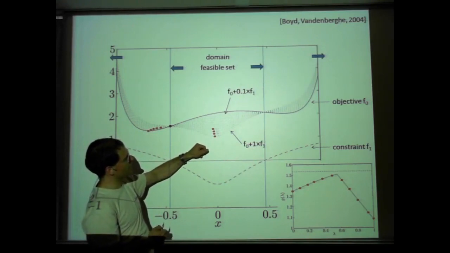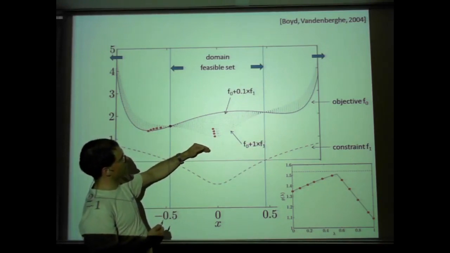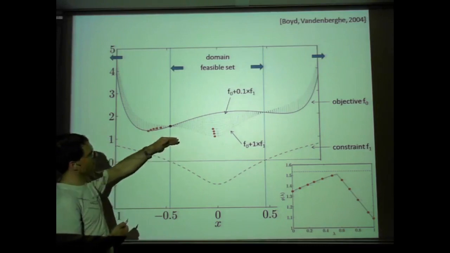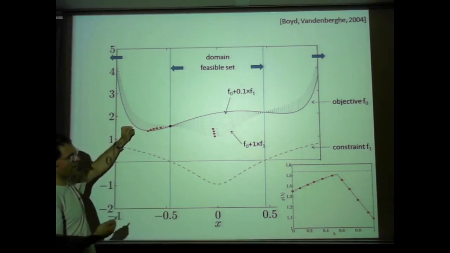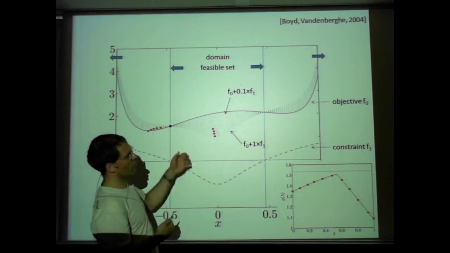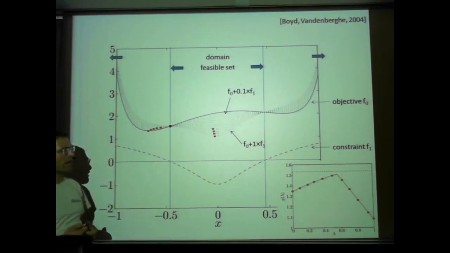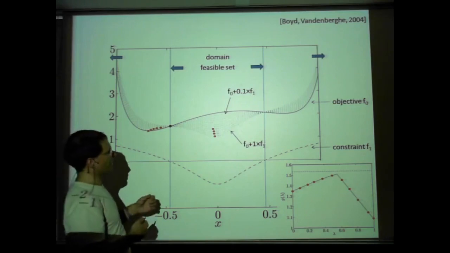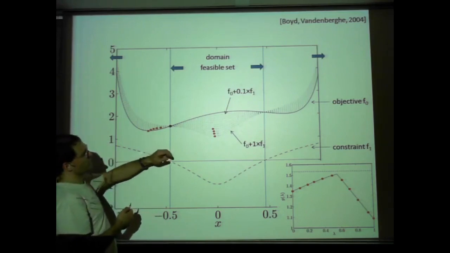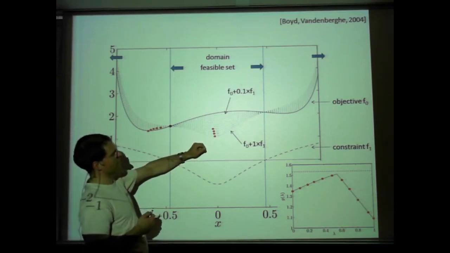So we have the objective function plus 1 times the constraint function. And, well, if we now minimize over these Lagrangians for a given value of lambda, we get out the dual function. And we can do that. So let's say we're starting at lambda equals 0.